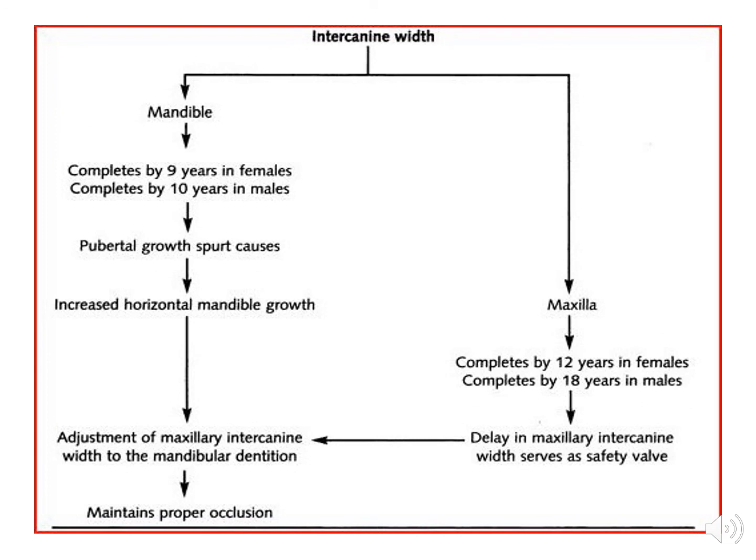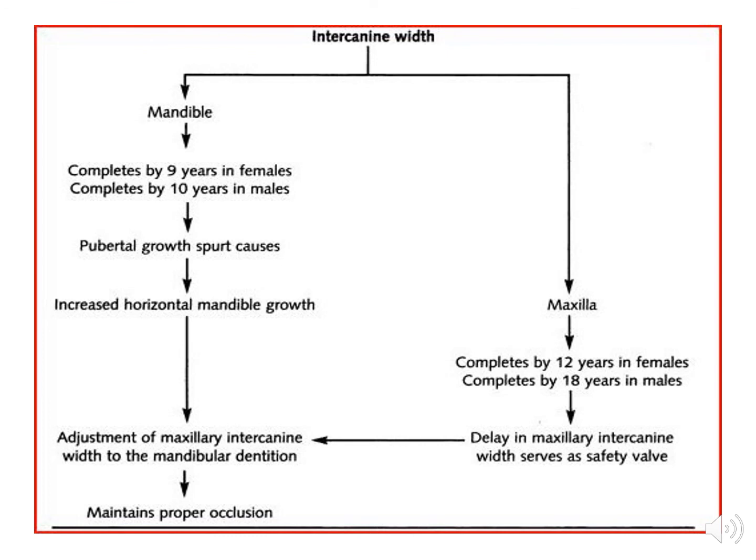So this diagram shows the intercanine width of the maxilla and the mandible. For the mandible, it completes by 9 years in females and by 10 years in males. It will be followed by the pubertal growth spurt, and then there will be an increase in horizontal mandibular growth. After that, there will be an adjustment of maxillary intercanine width to the mandibular dentition. Only then will it maintain proper occlusion.